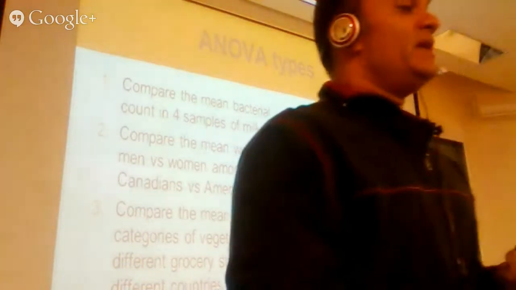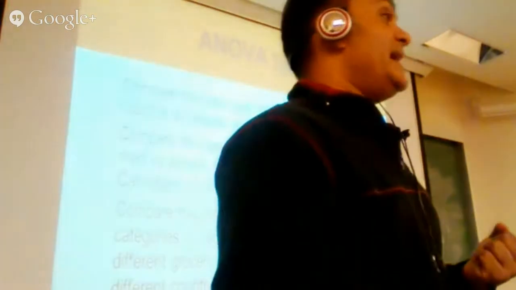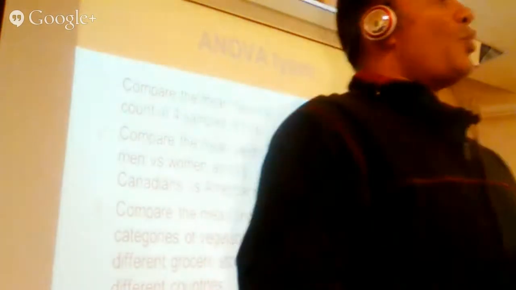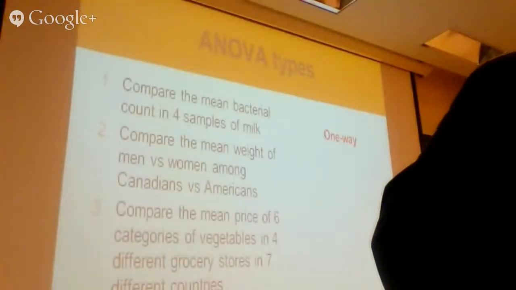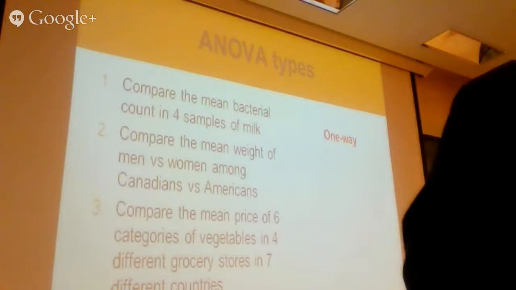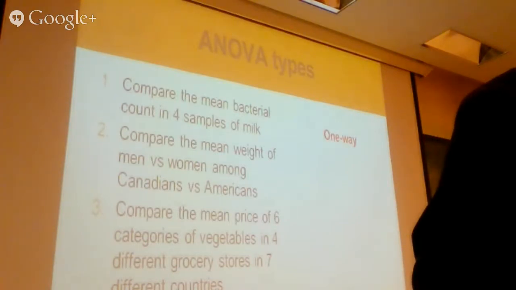Here, I've got the mean weight of men versus women among Canadians and Americans. Okay, so what's the continuous variable, first of all, that I'm measuring? It's weight. I care about the mean weight. Now, what are the categorical variables I'm measuring here? What's left over?